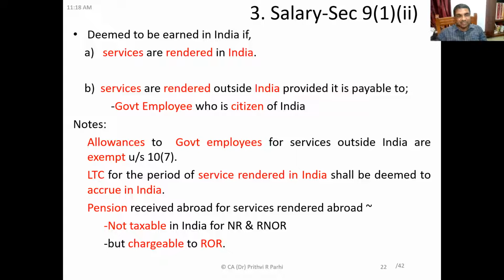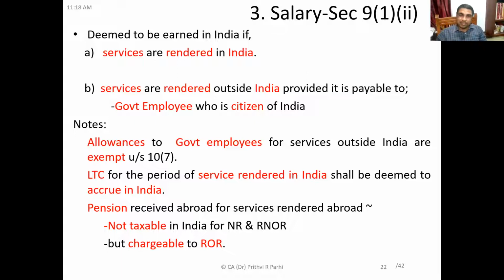But let us say there is an Indian embassy in Australia. The employees there are government employees. So these are services rendered outside India. But since it is paid to government employees who are citizens of India, that will be deemed to be earned in India.